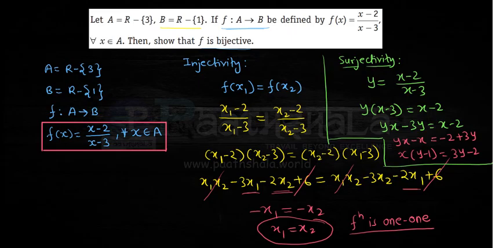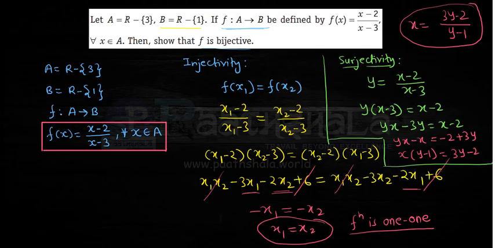So we will get x equals (3y - 2)/(y - 1), because if we take this y - 1 to the right side, it is multiplied with x, so it goes to the denominator. So we got x equals (3y - 2)/(y - 1).